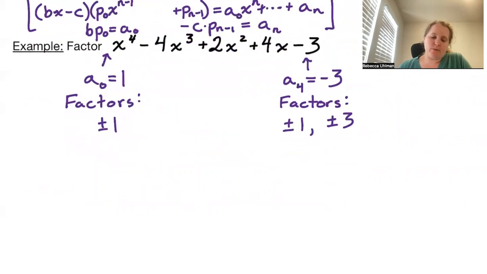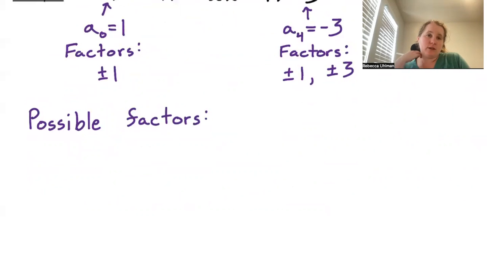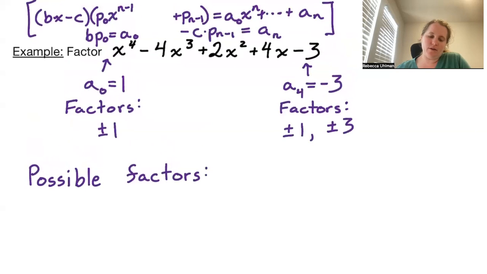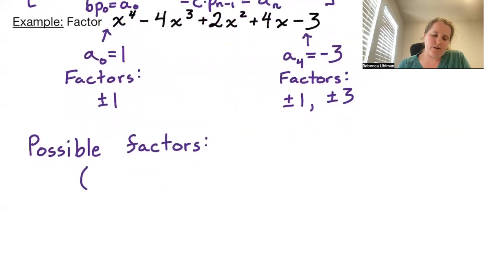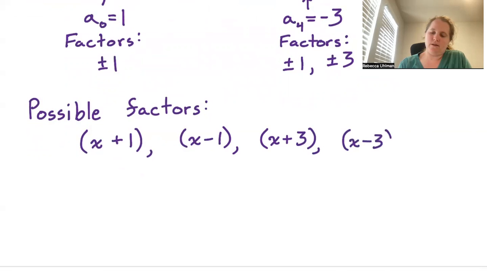So we get the possible factors. You can choose to just use the positive version of the a naught term, and then you'll have to use both of the others. So possible factors, we could have x plus 1, x minus 1, x plus 3, or x minus 3.